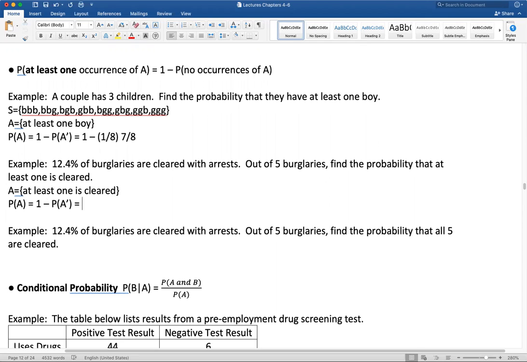A prime is that no burglary is cleared, so all burglaries are not cleared. That's going to be 100% minus 12.4%, because 12.4% of burglaries are cleared with arrest. So that's 87.6%.